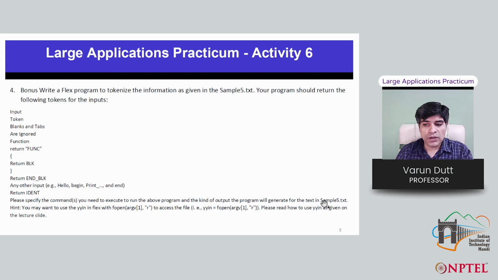Because there is a sample5.txt file to be read, you may want to use fopen with argv[1] in read mode, and then call yylex in the main part of the program to run it.